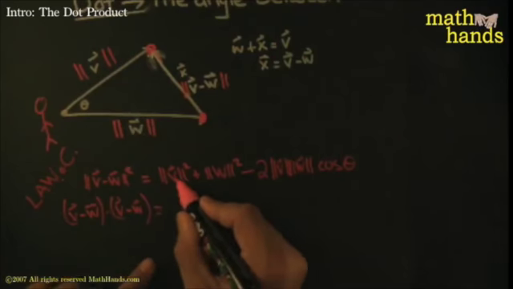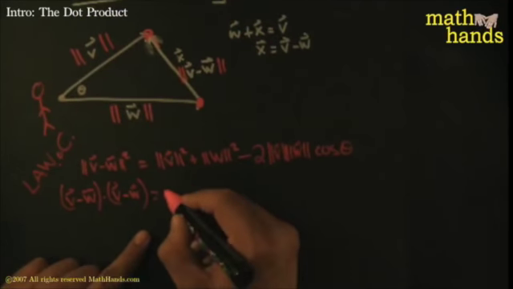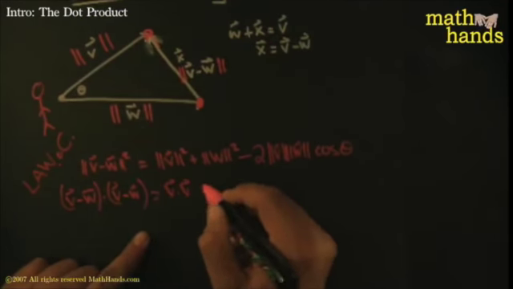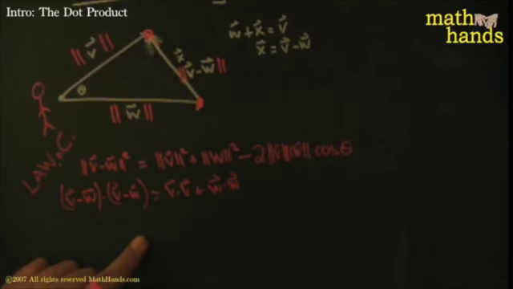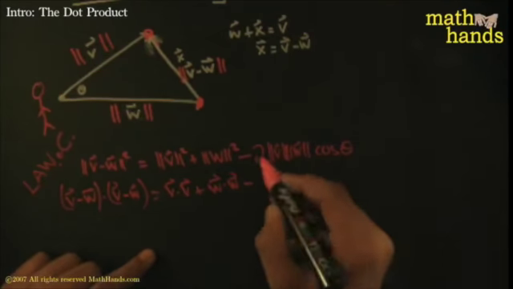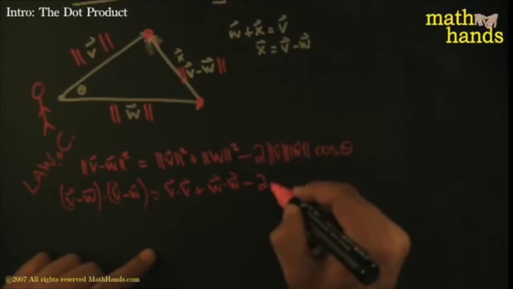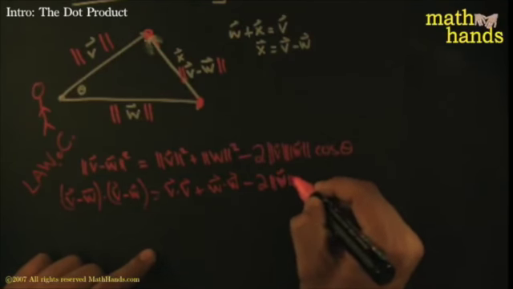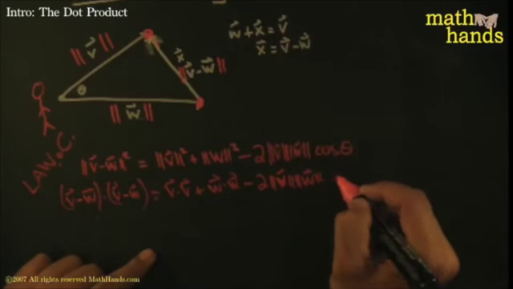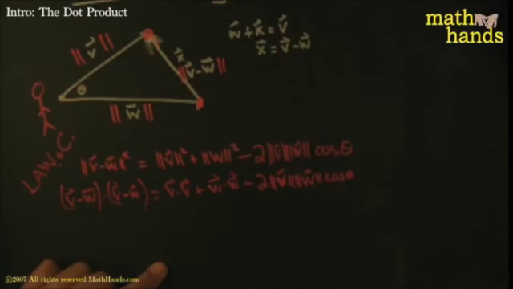And then I no longer have vectors. You can forget about all those arrows; you just have regular sides, a regular triangle. If that's the case, what would happen if you stand on this side right here and apply the law of cosines? What would the law of cosines tell you?